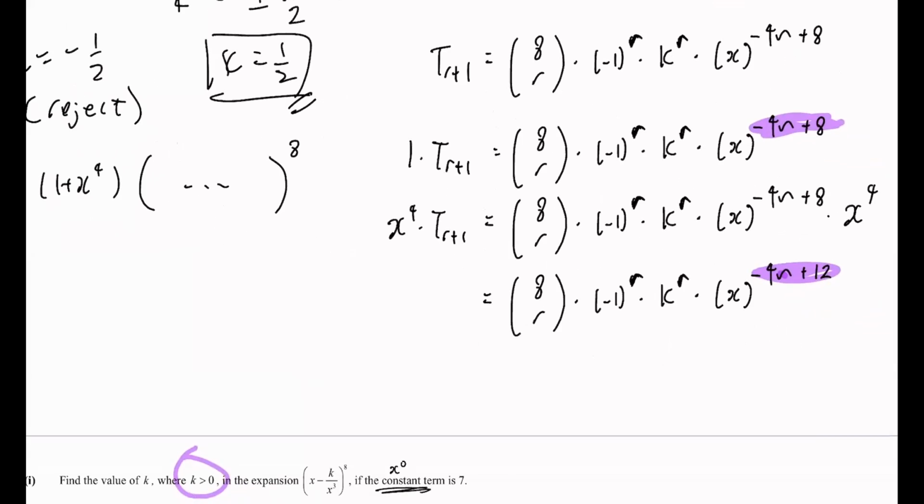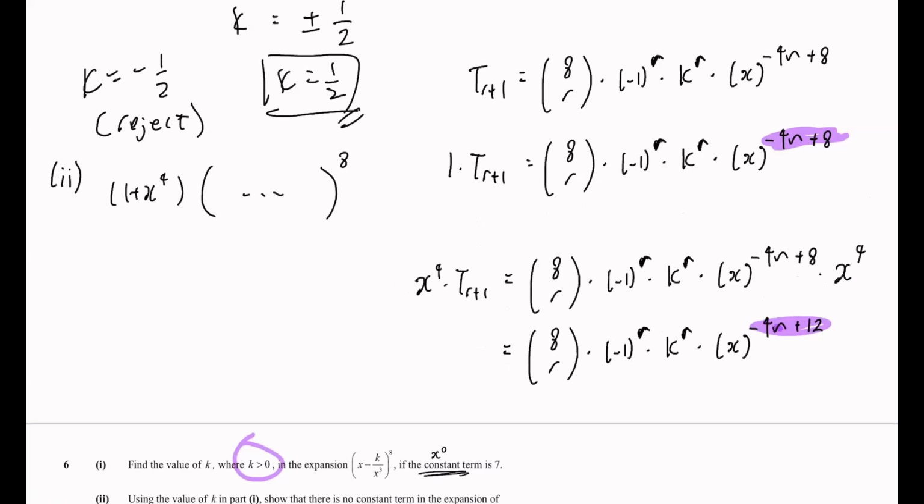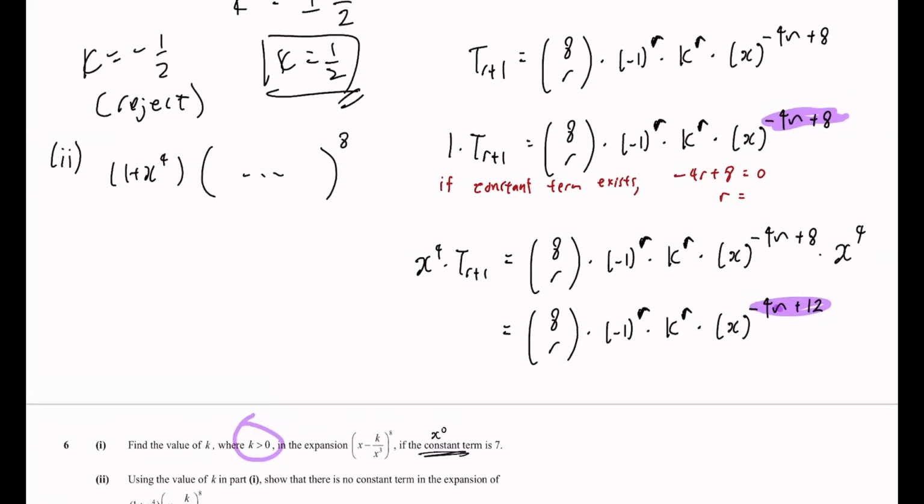I should say that if a constant term exists, then the -4r plus 8 should equal 0. If you try to solve for r, what do you get? You'll get r equals 2.